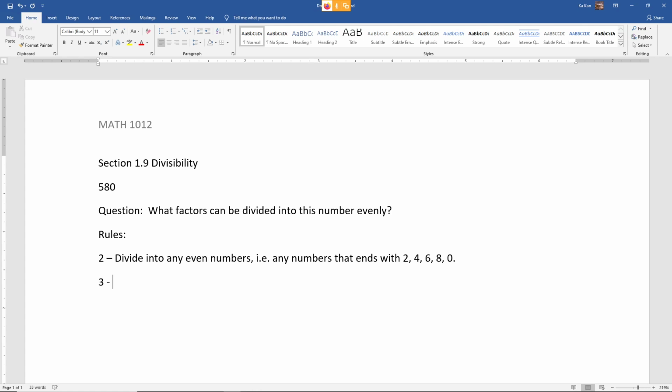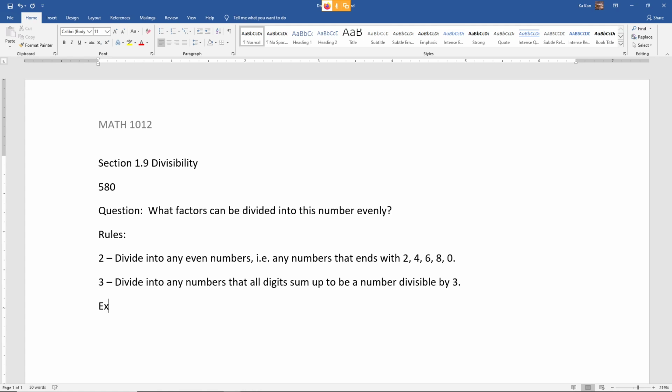3. 3 can go into any number whose digits all sum up to a number divisible by 3. So what do I mean by that? Here's an example.